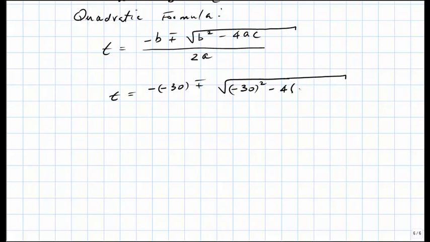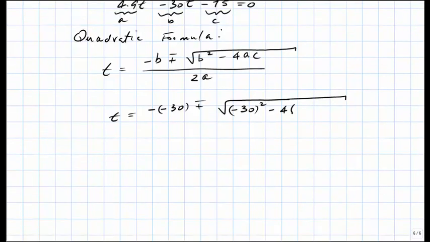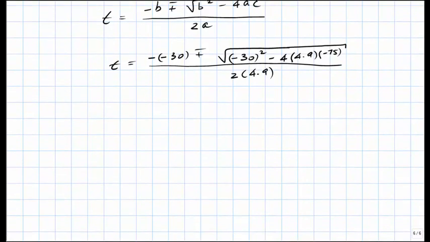The value for A is 4.9. And C equals negative 75, on top of 2 times A. That leads to negative 30 being just positive 30, plus or minus.